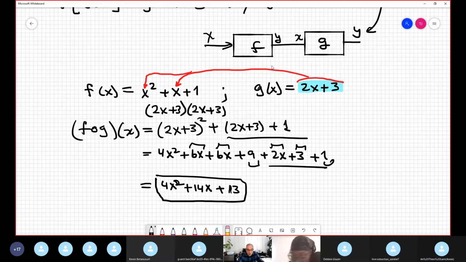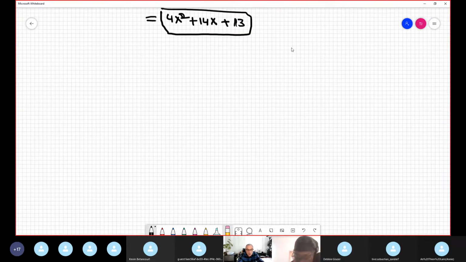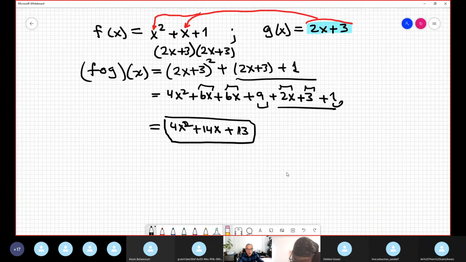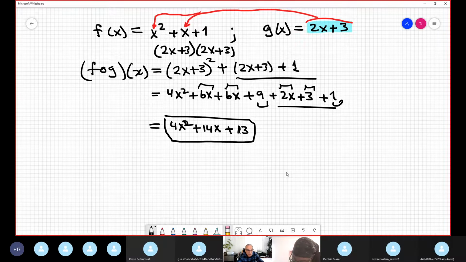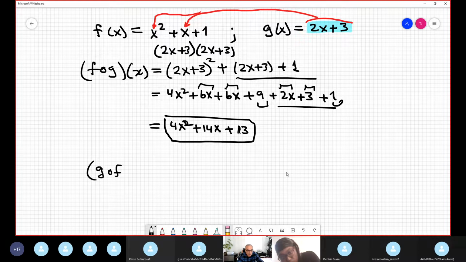Boom. Okay, suppose in a different order. Suppose the problem says I want g composition f of x. In this case, you understand it's completely different, because the first function, the one close to x, is f.